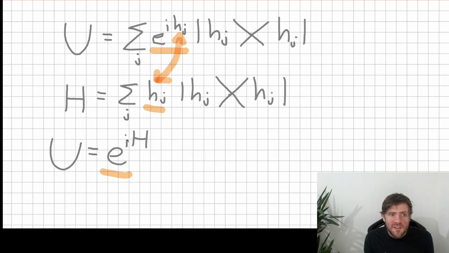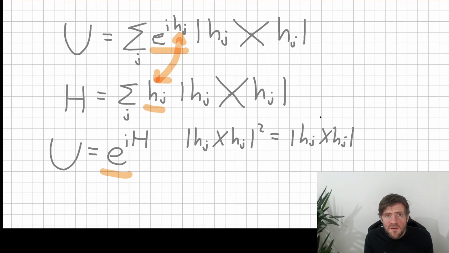And what we find if we apply it to something in spectral form, as we have here, is that when we square some of these outer products, we get the original outer product back. And when we multiply them from one term with another, then because they're orthogonal, we get a 0.